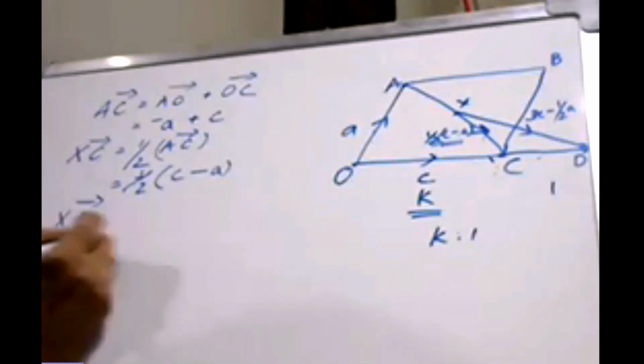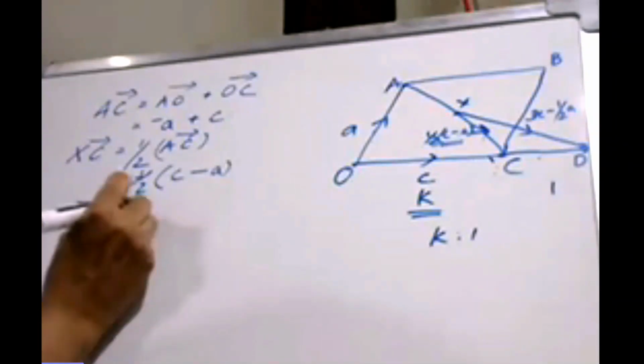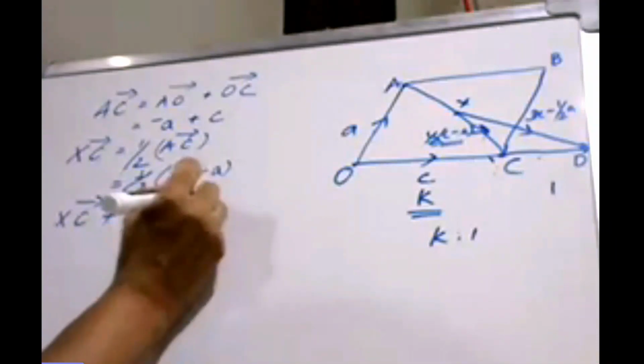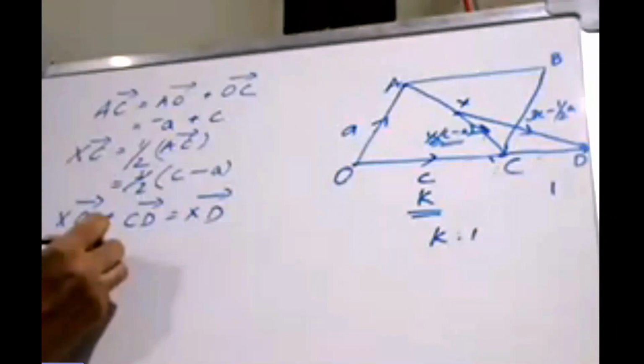Vector XC plus vector CD is equal to vector XD. XC we have already calculated: half of C minus A.